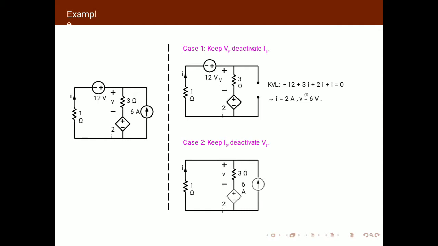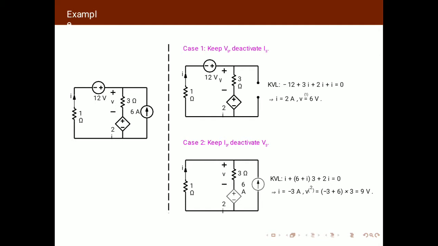See from the circuit diagram: the current I in the 1 ohm, the voltage V across the 3 ohms, the dependent voltage source 2I, and the current source of 6 amps. Now write the KVL equation.